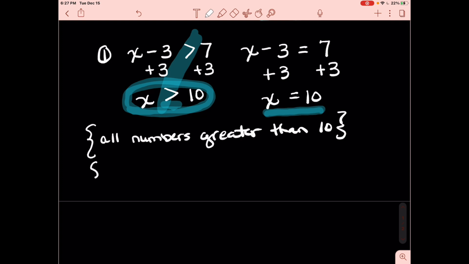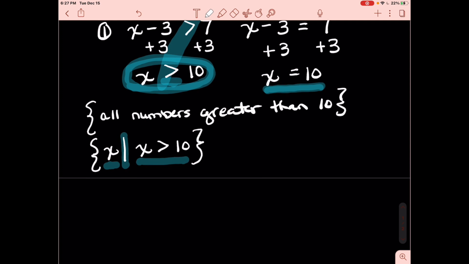This way is called set builder notation, and you end up with the variable like that, and then a line, and then your little expression like this. And we would read this, the set of all numbers x such that x is greater than 10. And so that's called set builder notation.